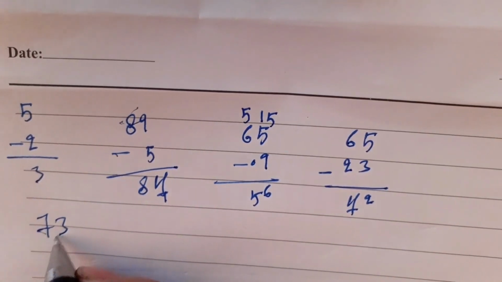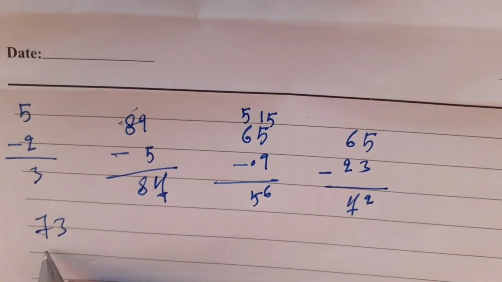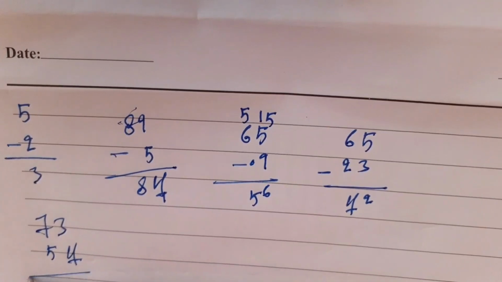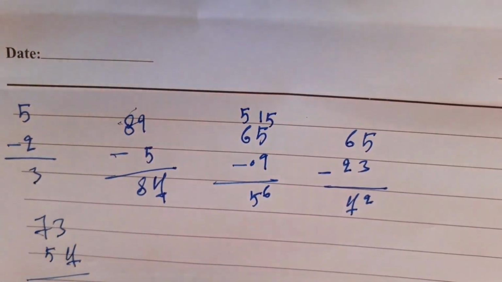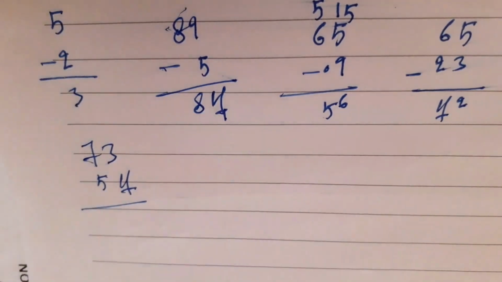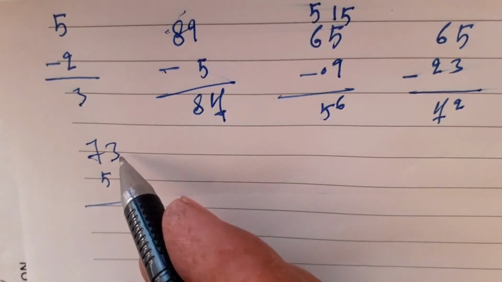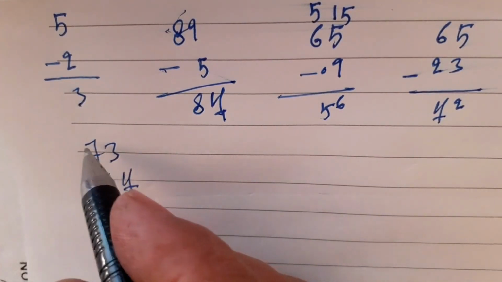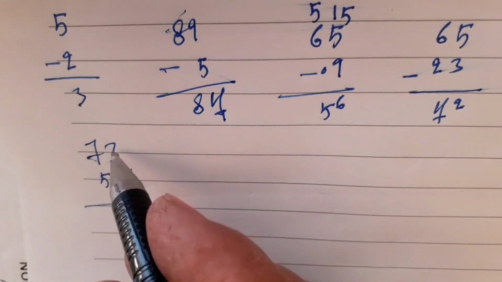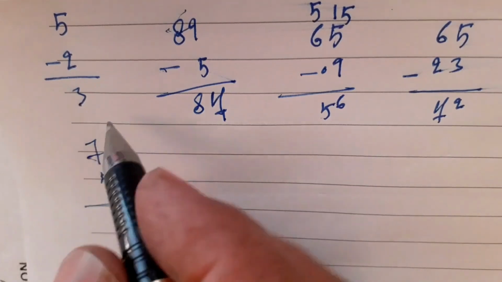73 subtract 54. We can't subtract 4 from 3, so we borrow 1 from 7.